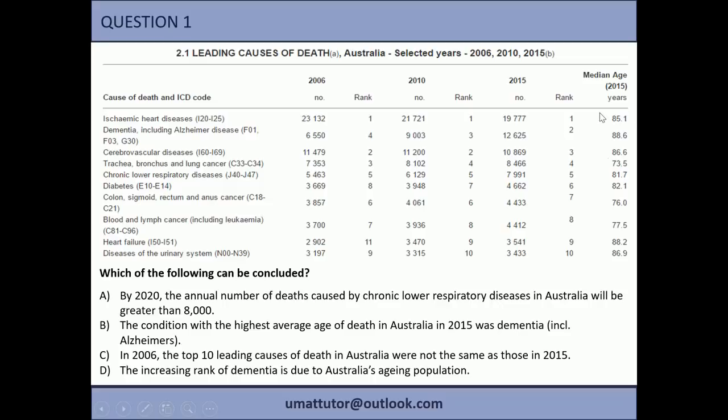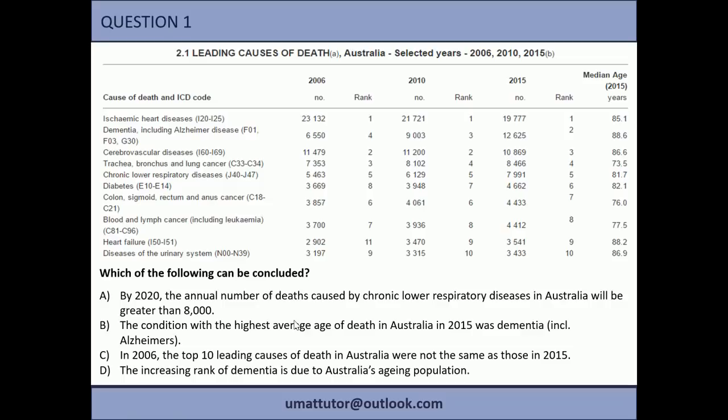So it may be that below the top 10, the 15th or 20th ranked condition has a higher median age of death than dementia at 88.6. It may have a median age of 90, say, and we just can't see it because at the moment we're dealing with just the top 10. But given this answer doesn't mention just the top 10, it's referring to all causes of death. That's the other reason that we can't conclude B.